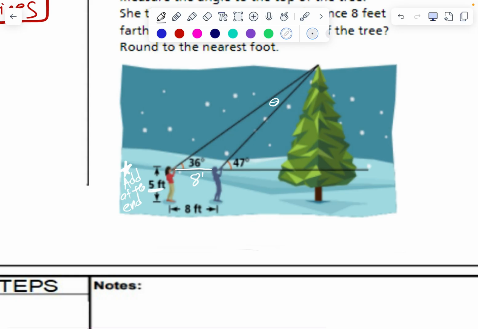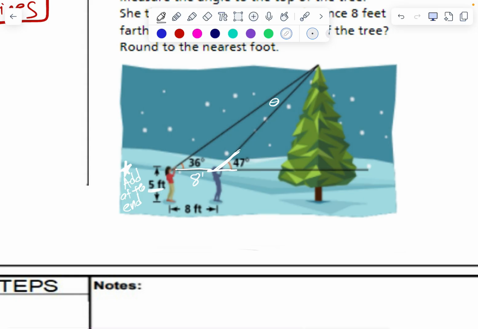Since it's a straight line, the 47 right there is a linear pair, for those two where that triangle splits. Okay, she's talking about right here being a linear pair, which is true. And then we can get the angle inside the triangle and get that 3rd angle.